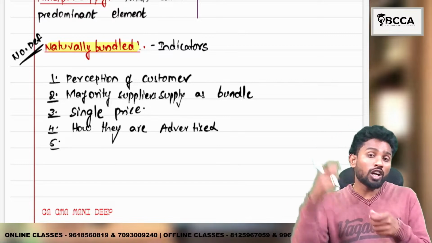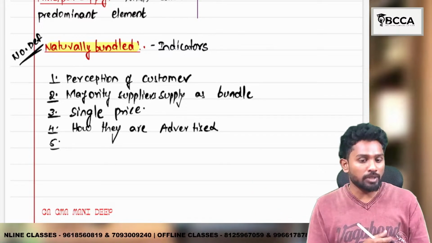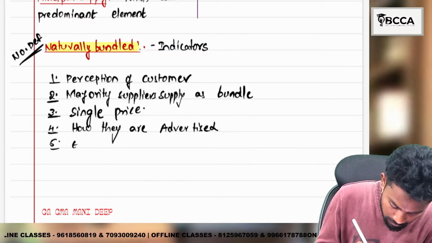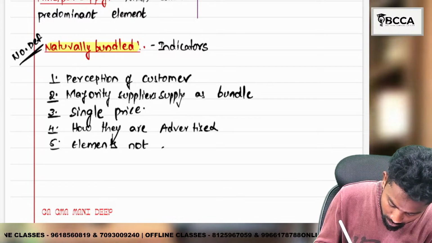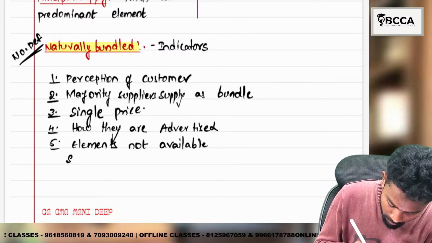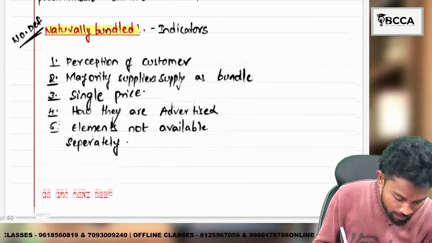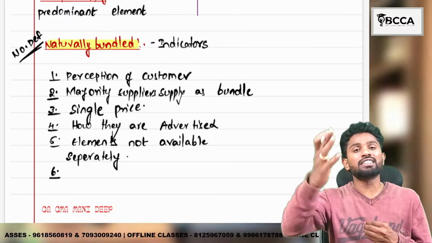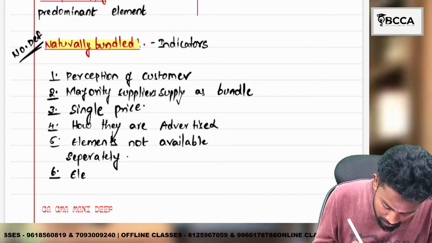For a bottle, along with the bottle cap, you cannot find a bottle cap separately, right? So they are elements which are not available separately, and the elements are integral. One is connected with another.